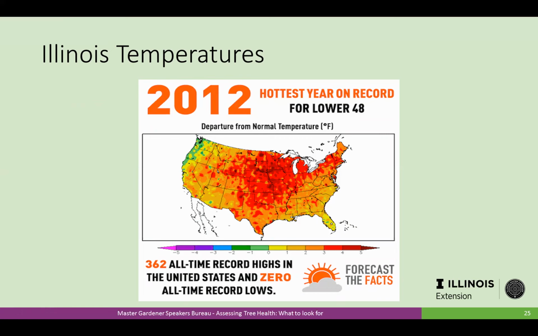So be aware that when you're assessing the health of your tree, when you see limbs dying back on that tree, you may have to get in that Wayback Machine and think about what was going on 3, 4, 5 years ago. And then you're going to remember that something did happen that caused a problem with that tree. They don't die necessarily right away. It can take a tree, they said, up to 10 years to actually die.